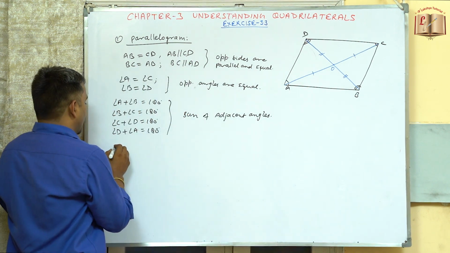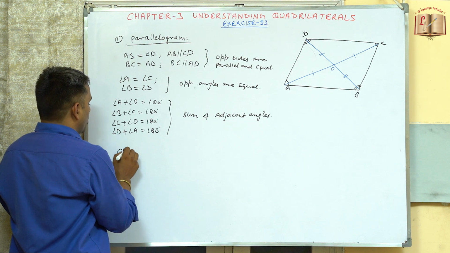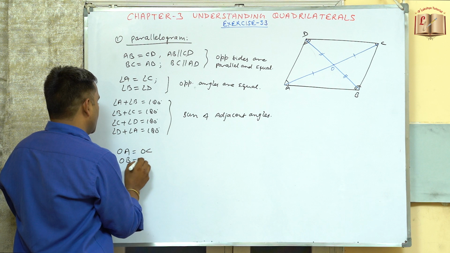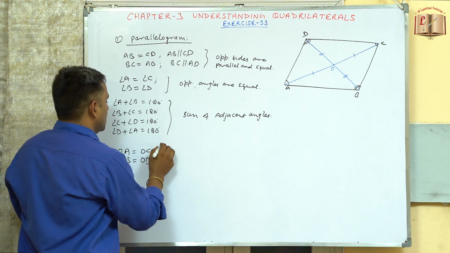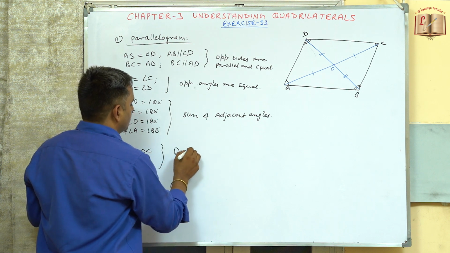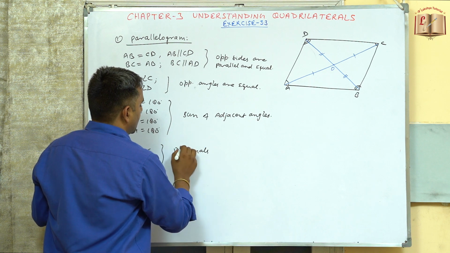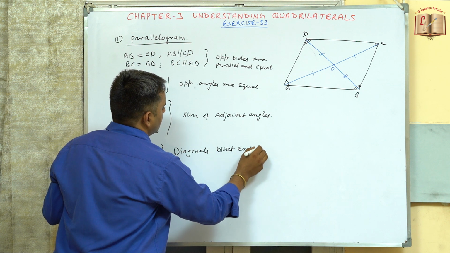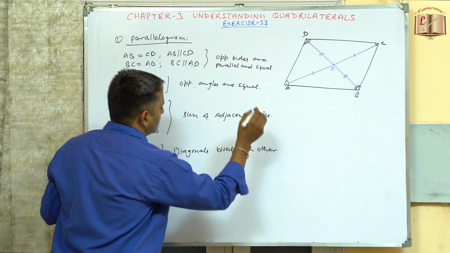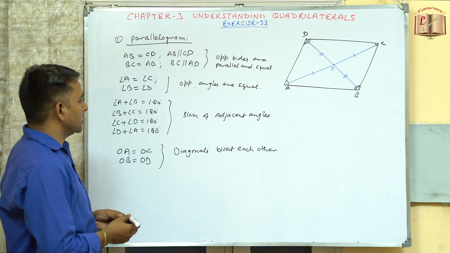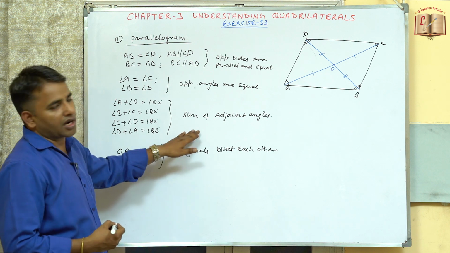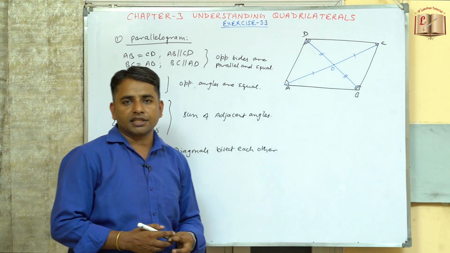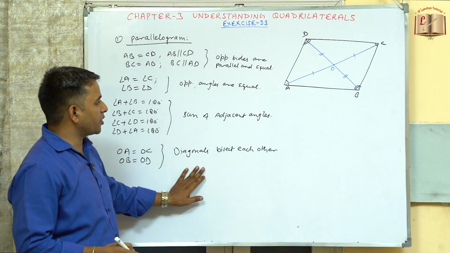Diagonals bisect each other, means OA will be equal to OC and OB will be equal to OD. Now we can write diagonals bisect each other. So these are all the properties of a parallelogram. We should know all the properties, only then can we deal with a parallelogram.